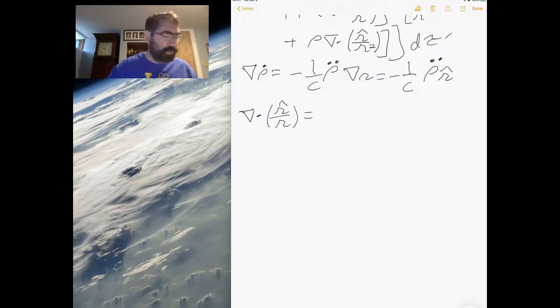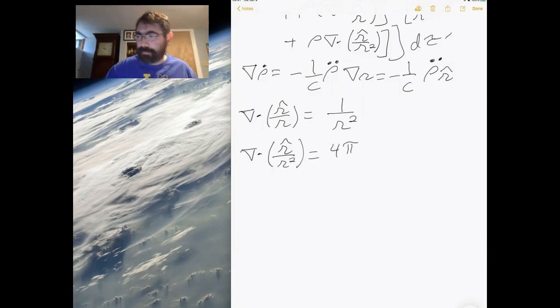That is 1 over r squared. And if you remember, the divergence of r hat over r squared is 4 pi times the delta function. Again, we went over a number of these relationships in chapter 1 of the book.